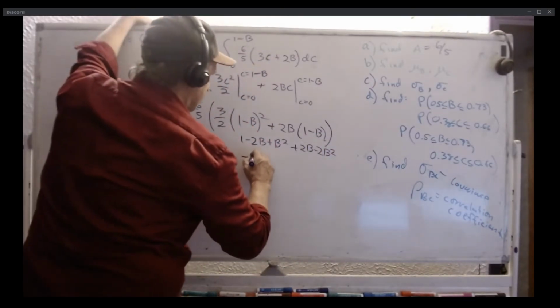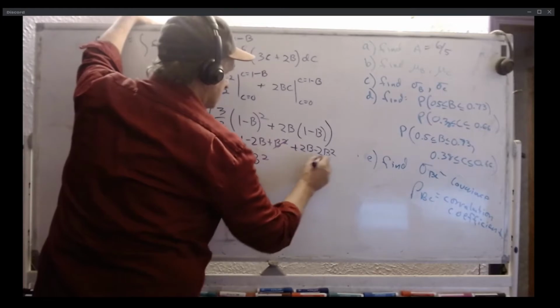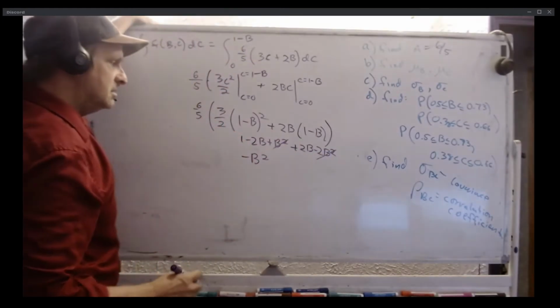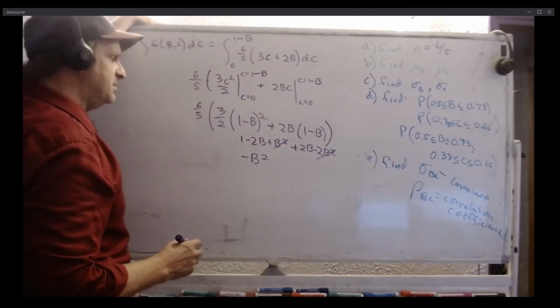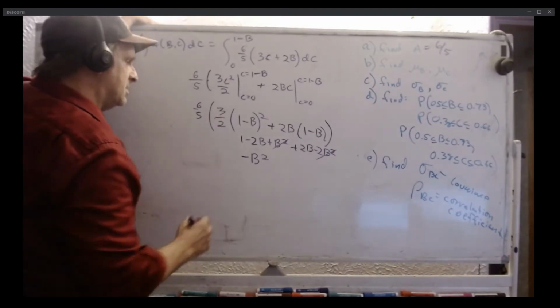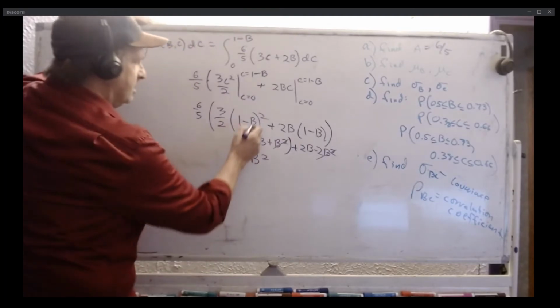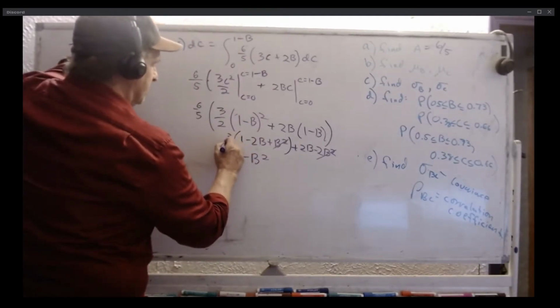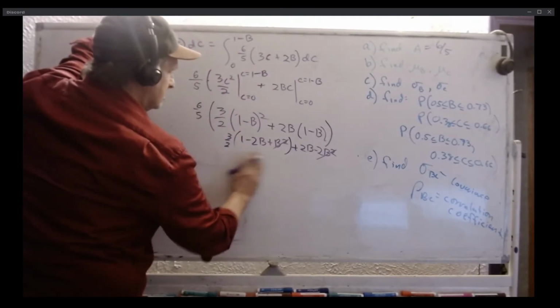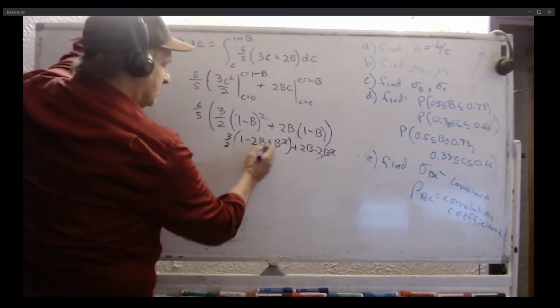So I get negative B squared. Oh, I forgot to multiply this part by 3/2. My bad, again. So multiply everything by 3/2.